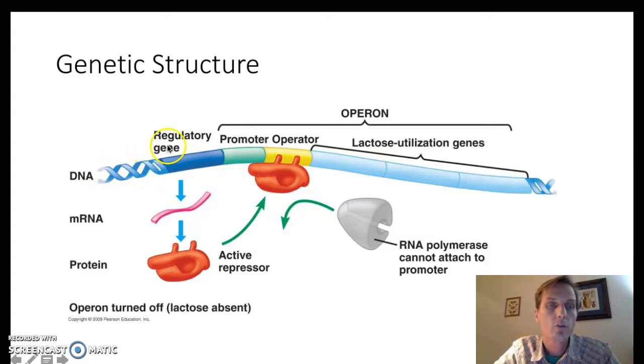Along that sequence, you could have a regulatory gene that is a gene that codes for a protein that gives no trait. It's a protein that regulates the use, the turning on or turning off of other genes which do serve a function. So there are sequences in the genome that don't code for a trait, but they do code for a regulatory protein.